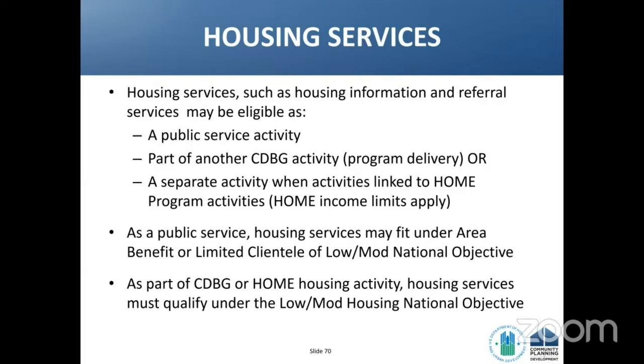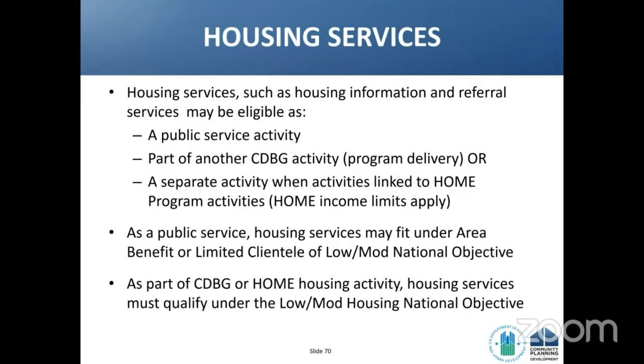Public services where people come and are acquiring information on housing, referral services and so forth, can be an eligible public service activity. However, if it doesn't address COVID, it's subject to the cap. Also, it can be what we call a program activity delivery cost of another activity.